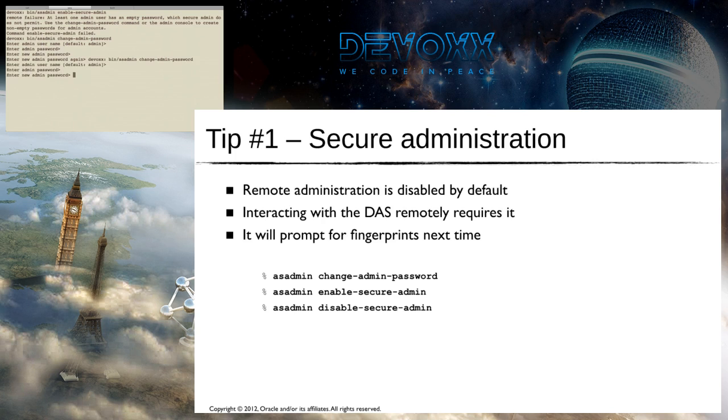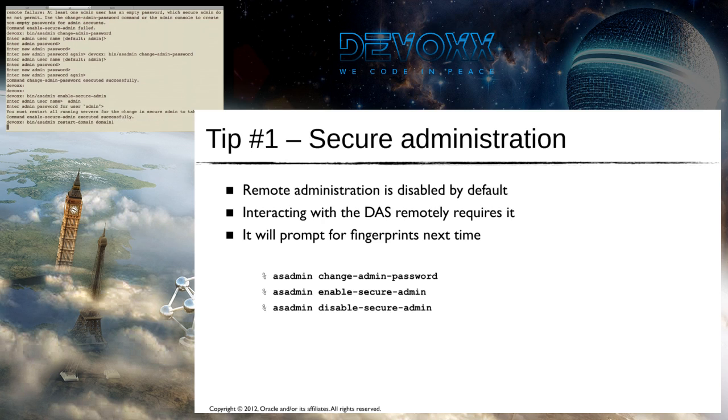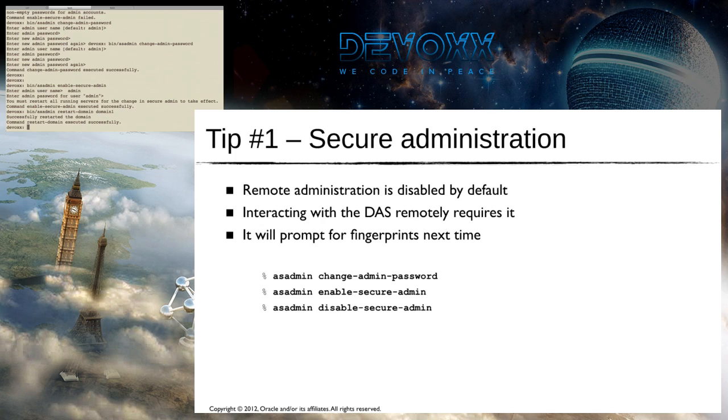All right. Okay, and now I can enable secure administration. I need to provide my credentials. All right, and it says I have to restart the domain. Once you have done that, you can simply access the admin console remotely or interact with the CLI commands remotely.